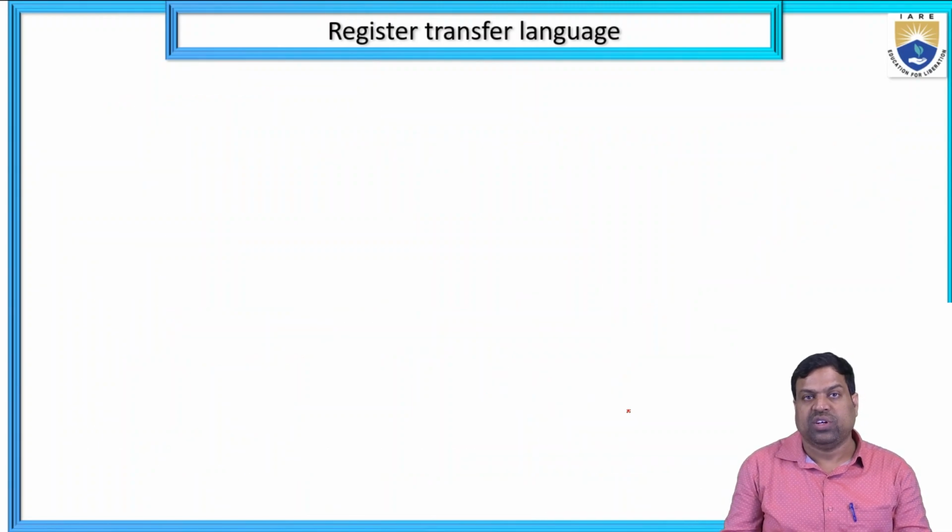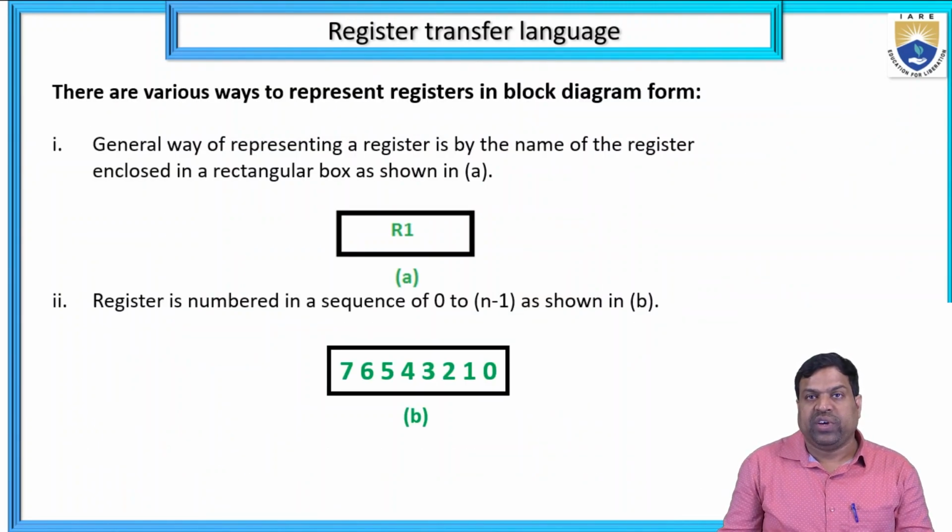to R1. So there are various ways to represent registers in block diagram form. The general way of representing a register is by the name of the register enclosed in a rectangular box, as shown in A, where I am taking R1.